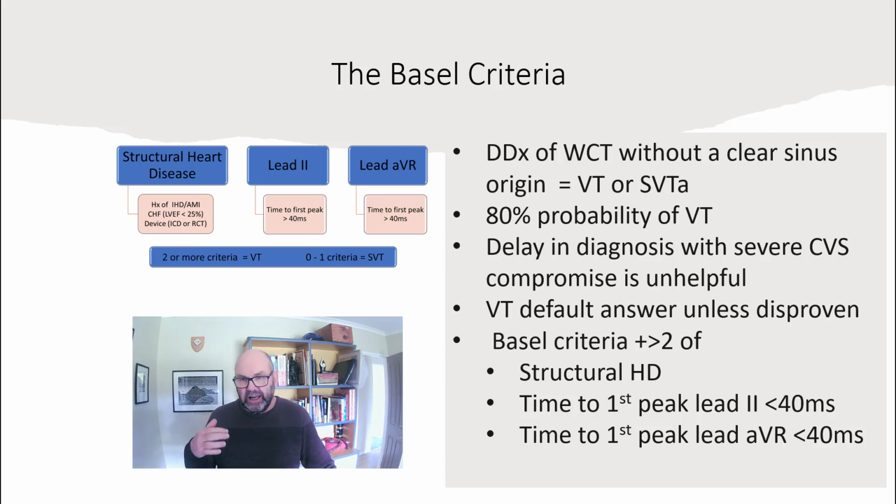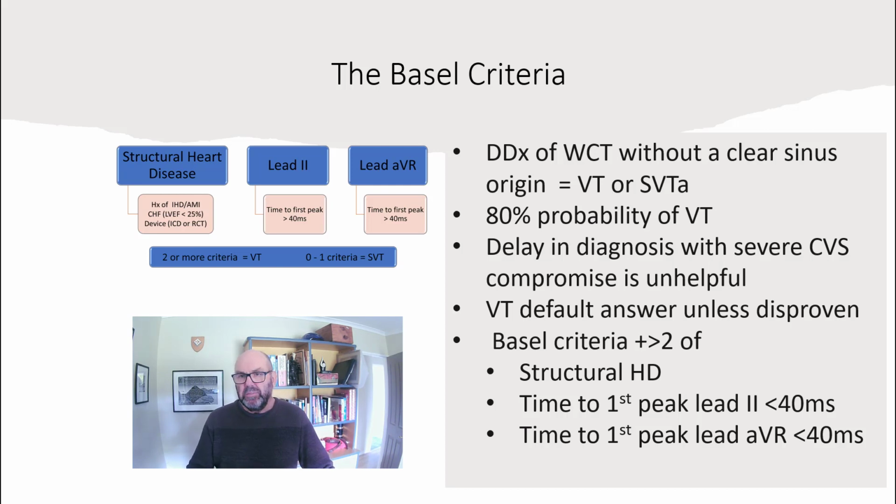A delayed diagnosis of ventricular tachycardia or mistaking ventricular tachycardia for an SVTA is potentially more harmful than seeing an SVTA and misdiagnosing it as ventricular tachycardia. Most algorithms used to differentiate wide complex tachycardia acknowledge this fact, and the basic approach is to look for confirming evidence of the ventricular origins before looking for the alternatives.